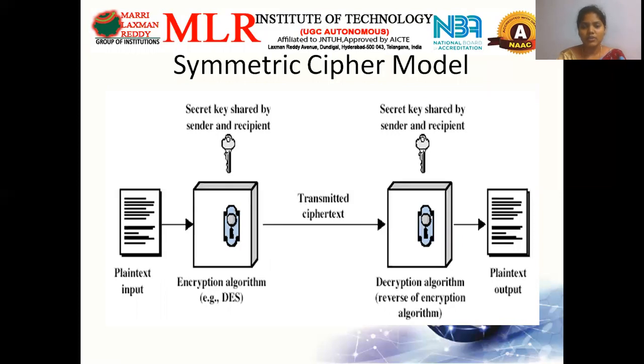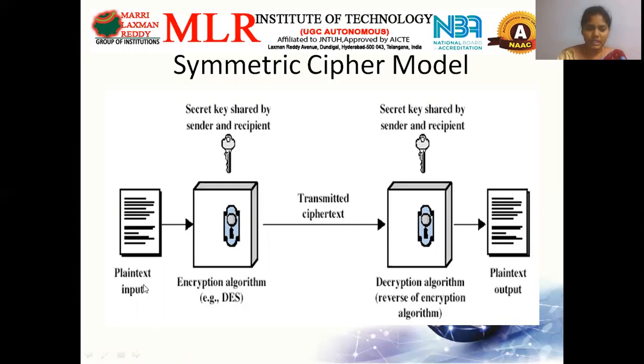Again, using the secret key, which is shared by the sender and the recipient, a decryption algorithm, the reverse of the encryption algorithm, is used, and finally you get the plain text of that particular ciphertext.